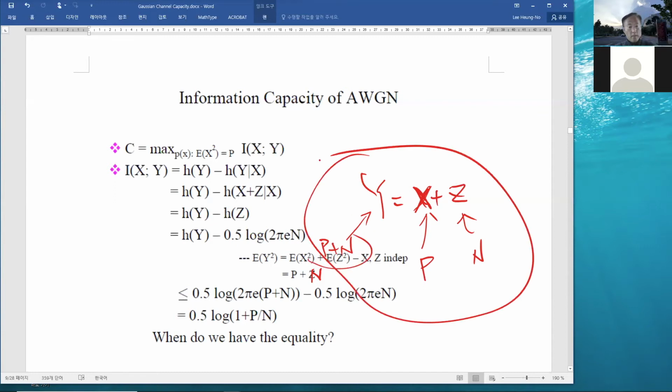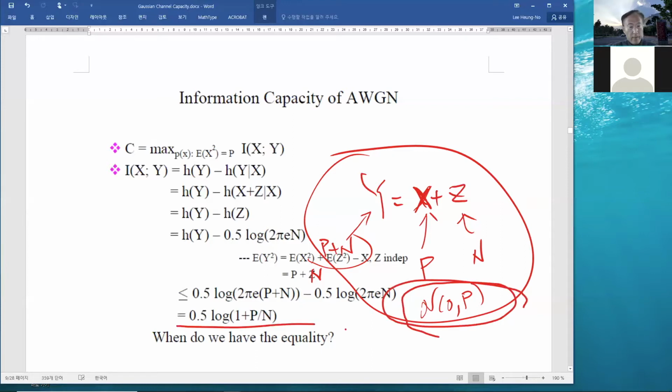So the equality is achievable by selecting X to be Gaussian distributed with mean 0 and variance P. By choosing this, we can achieve the capacity.